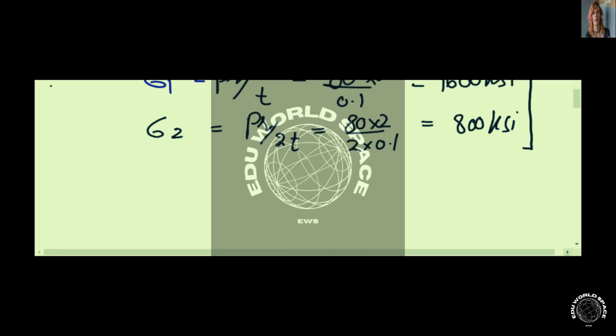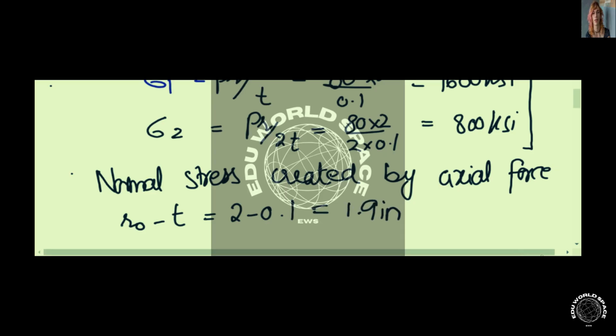And next we need to find the normal stress created by the axial force. The inner radius would be R naught minus t, so that is 2 minus 0.1, and that would be 1.9 inch.